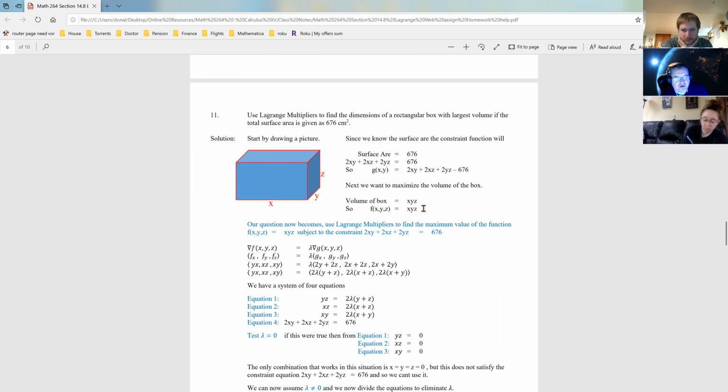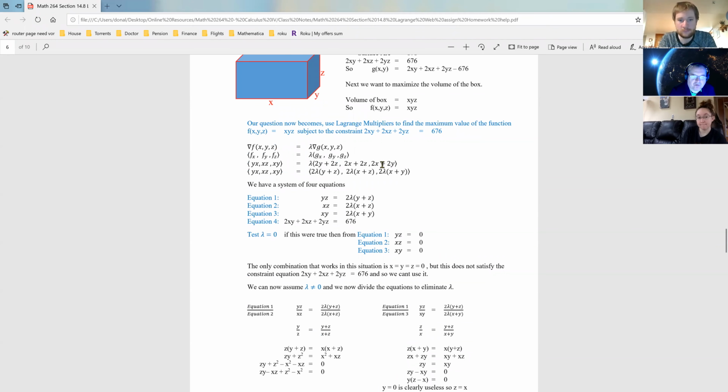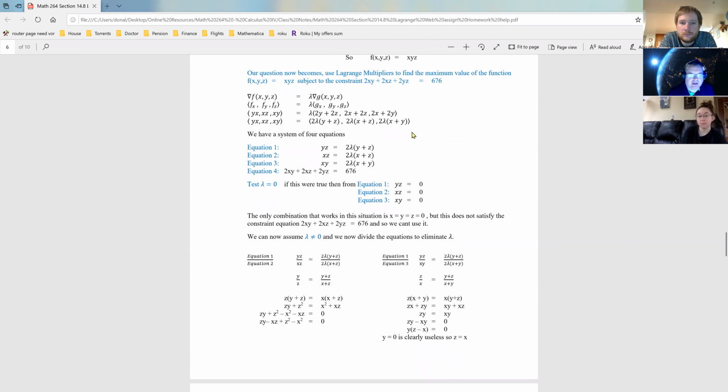So our question could be phrased as, find the maximum value of the function f subject to this constraint. Once you've created that, you do exactly what we did in all the other stories. So creating the equations that generate the maximum value is our first job. So that's done, so I can get that out of the way.